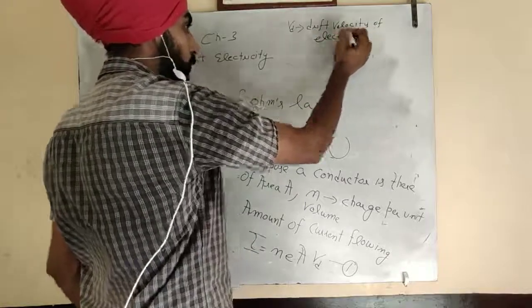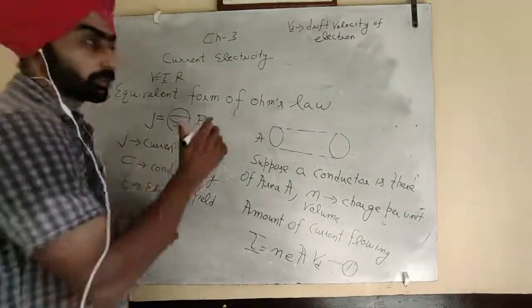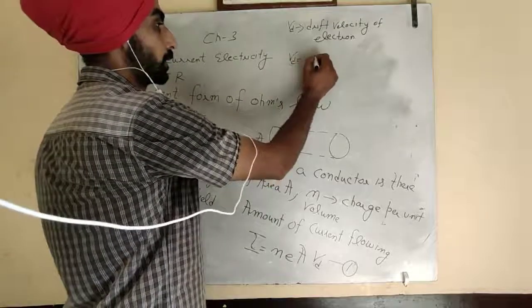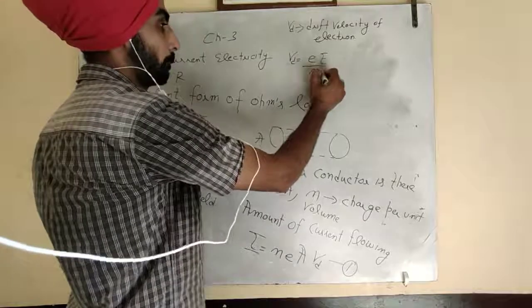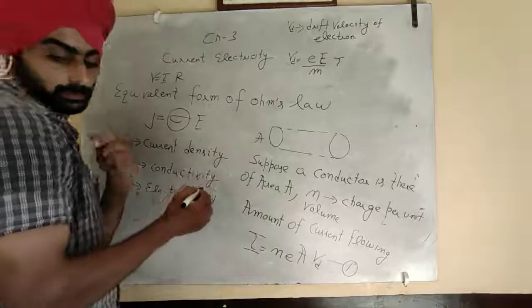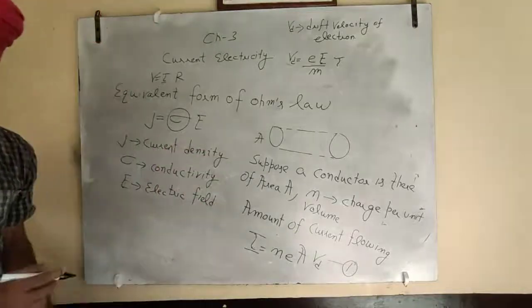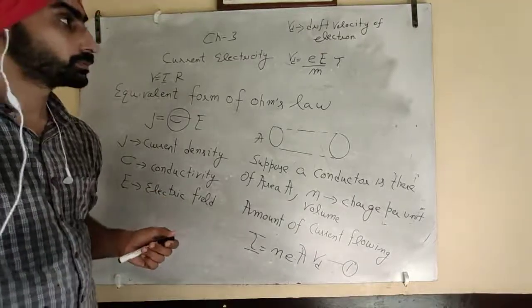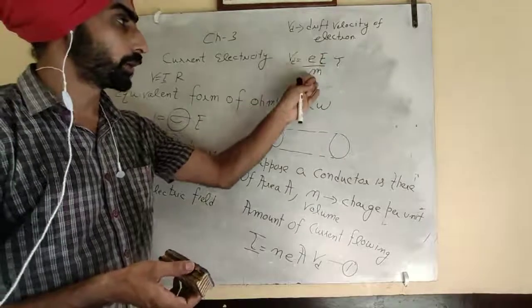And we know what the drift velocity is. The drift velocity value is vd = -eE tau upon m, for an electron.